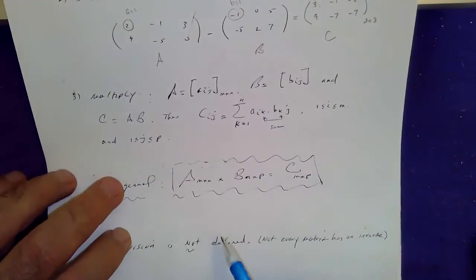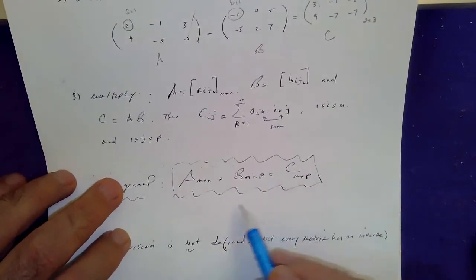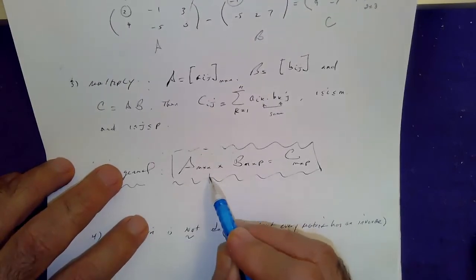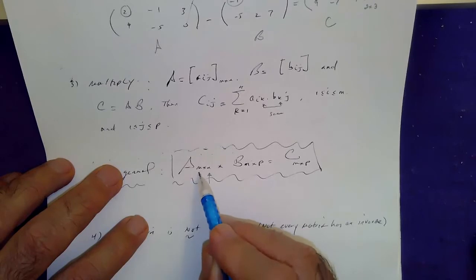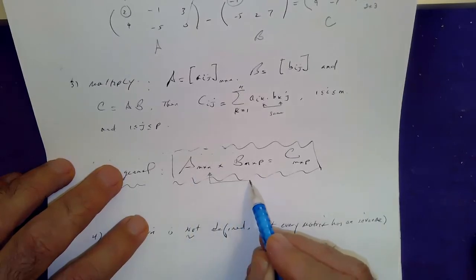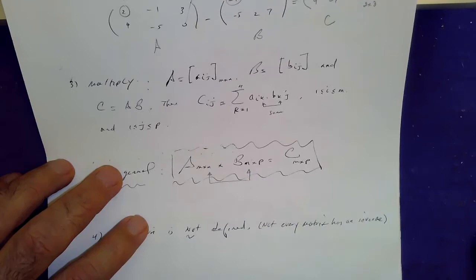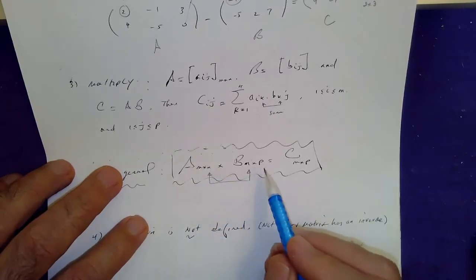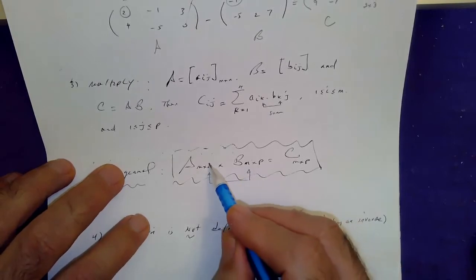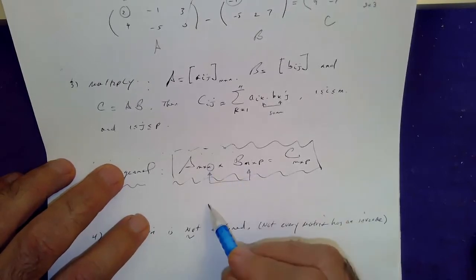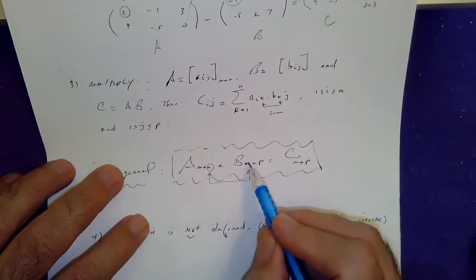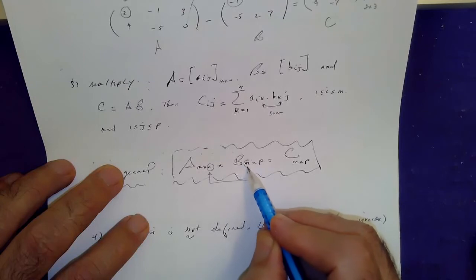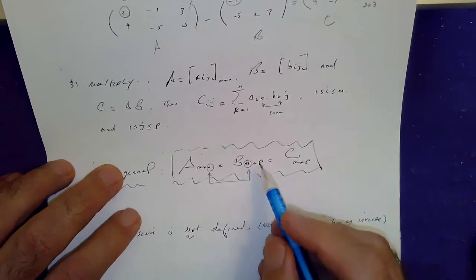Multiplication is as follows. To find the product of two matrices, notice what's going to happen. The number of columns in the first matrix must match the number of rows in the second. In other words, if you were hoping to multiply A by B, check and see that the number of columns of the first matrix matches the number of rows in the second matrix.